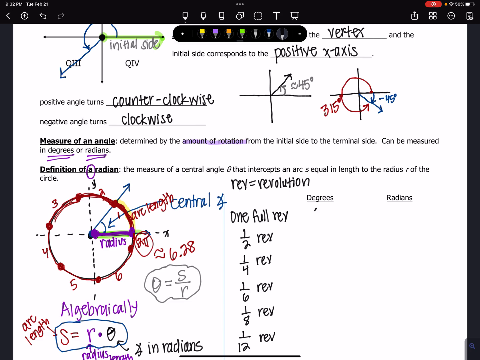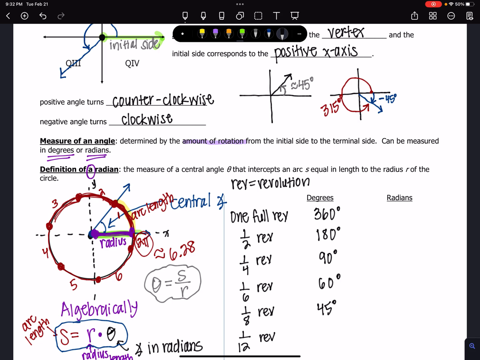So 1 full revolution in degrees is 360 degrees. Half of that would be 360 divided by 2, which is 180 degrees. 1/4 of a revolution would be 1/4 times 360, which would be 90 degrees. 1/6 of 360 degrees would be 60 degrees. 1/8 of 360 degrees would be 45 degrees.